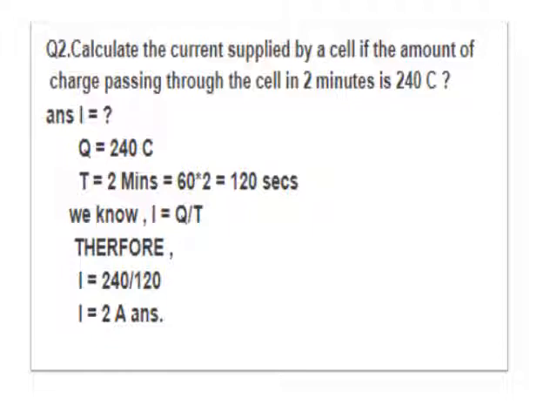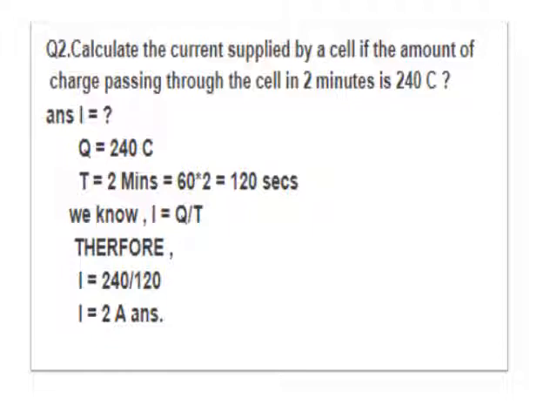Time is given as 2 minutes, which you have to convert into seconds. So that will be 60 times 2, 120 seconds. And 240 C is given. Coulomb is the unit of charge. So Q is equal to 240 coulombs.